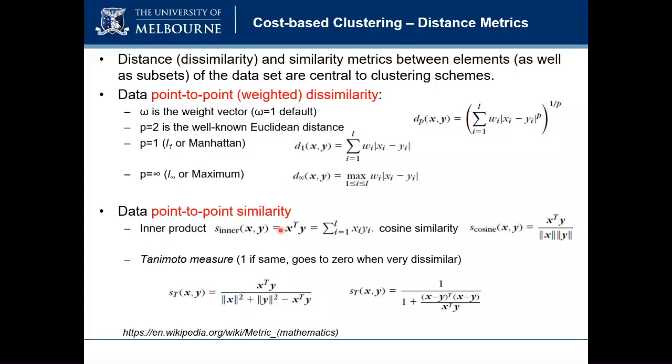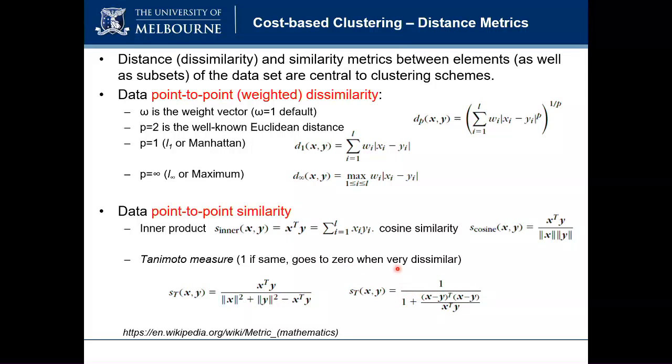And then the point-to-point similarities are inner products. You can use mainly inner product-based metrics, or cosine similarity, right? If you normalize it, then it would be the cosine angle between x and y. So you can use that, or you can use all kinds of tricks. There's this Tanimoto measure, which uses basically the dot product, but normalizes it in a certain way so that it is 1 if they are the same, and it goes to 0 when they are very far apart.